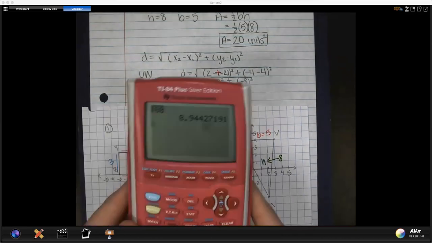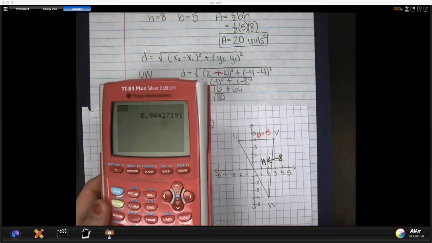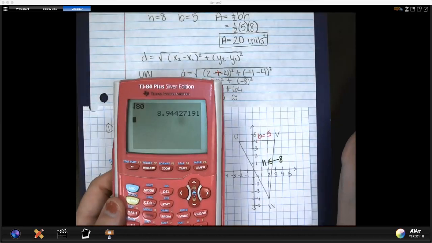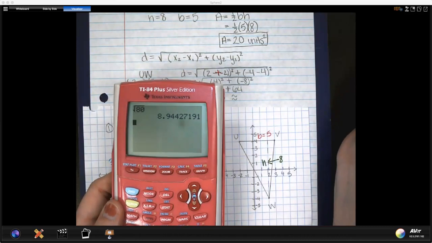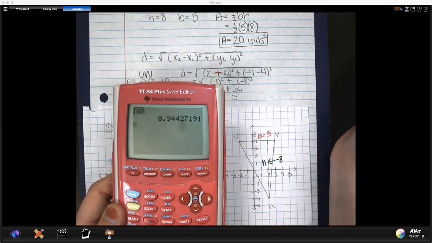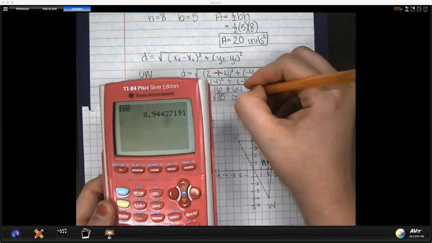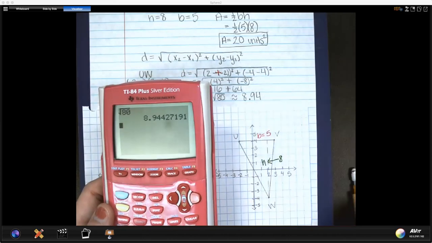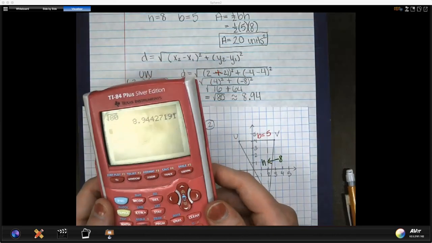Square root of 80 to the hundredth, what would that be? How many decimals is the hundredth? 8.94. If I said tenths, it would be to the first digit, and if it's hundredths, it's to the second digit.